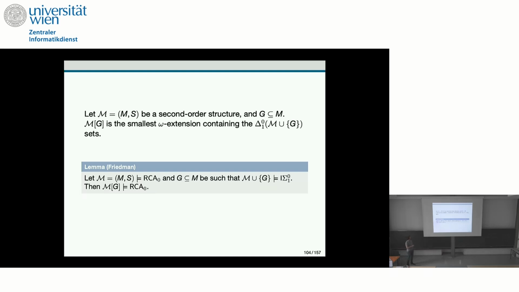It satisfies delta 01 comprehension by construction, because we close it under delta 01 comprehension, and it will still satisfy, as I said yesterday, sigma 01 induction, because you can translate a sigma 01 formula in this model as a sigma 01 formula in the original model.